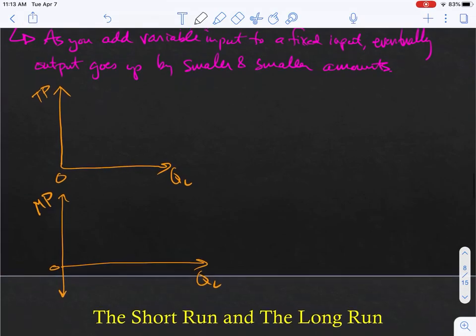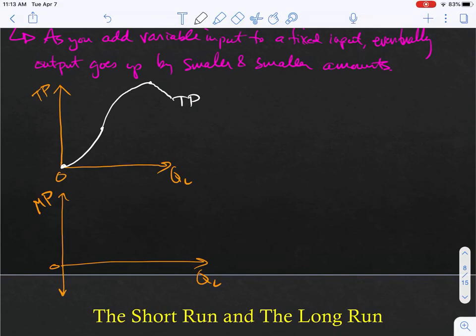So, total product initially goes up, this is what we tend to see, initially goes up very quickly, right? It goes up at an increasing rate, and here's an inflection point, and then it tends to go up at a decreasing rate, and then it may max out, and then it may start to actually decline. So there's sort of 3 main segments. There's increasing at an increasing rate.